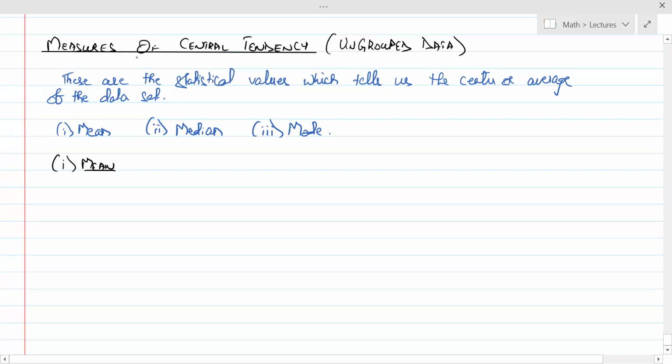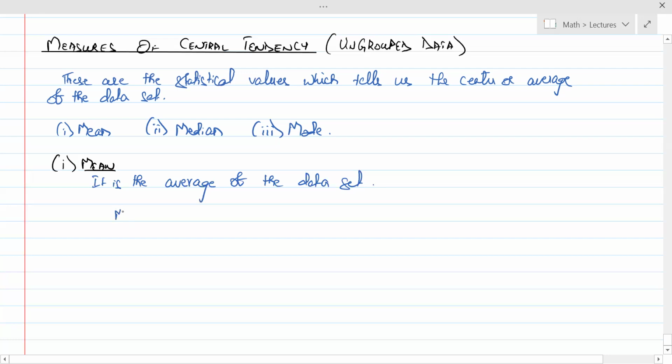Mean simply tells us the average. It is the average of the data set given to us. How do we calculate mean?